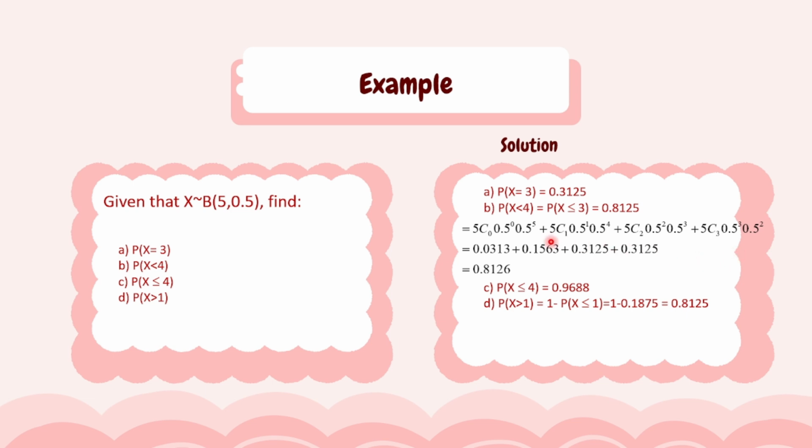Or, since the total probability is equal to 1, you take 1 minus the probability of x less than or equal to 1, so minus x equals 0 and x equals 1. Or you can do it one by one: the probability of x equal 2, 3, 4, 5. I will use the first approach because binomial CD calculates the left tail area.